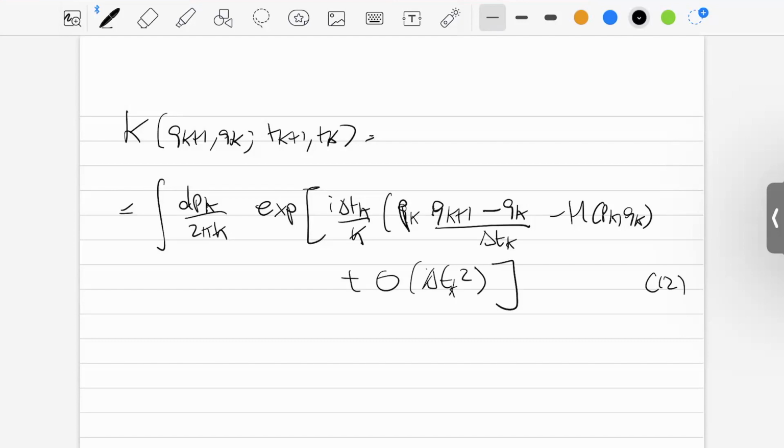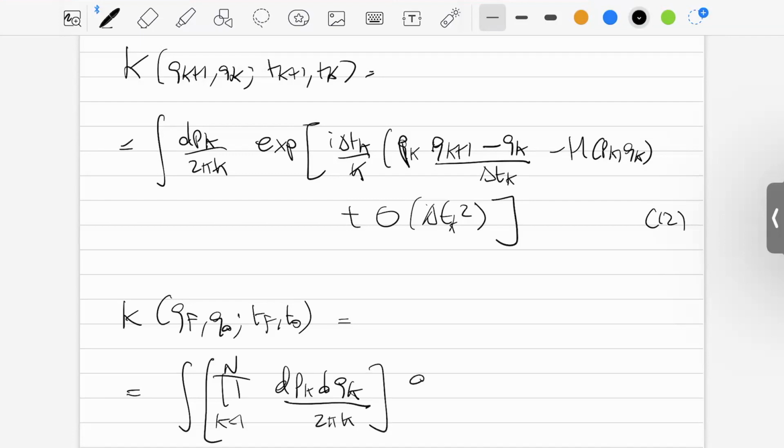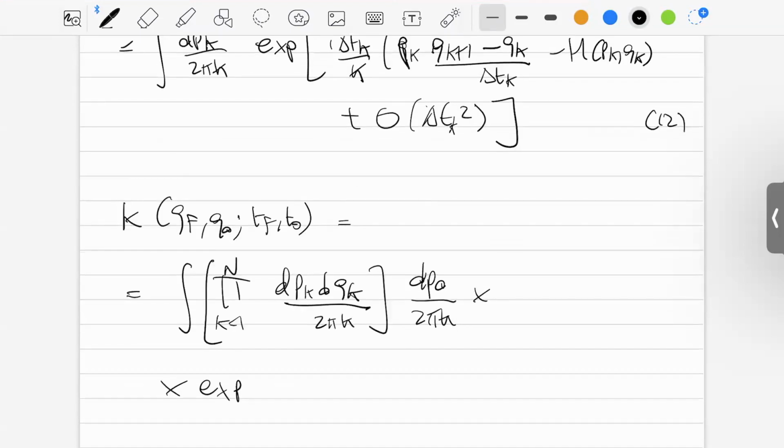And then if you remember, the whole propagator, with qf, q0 and tf, t0, is just the product of that. That is a product over k from 1 to n of dpk dqk divided by 2 pi h bar, dp0 2 pi h bar, times the exponential of the previous quantity.